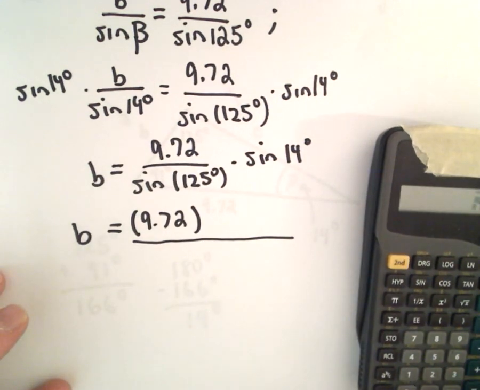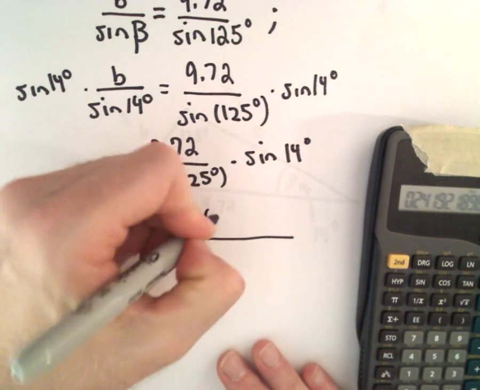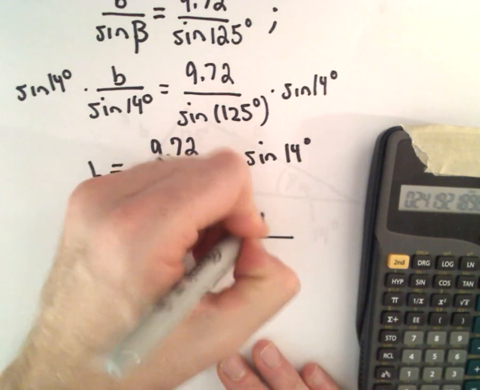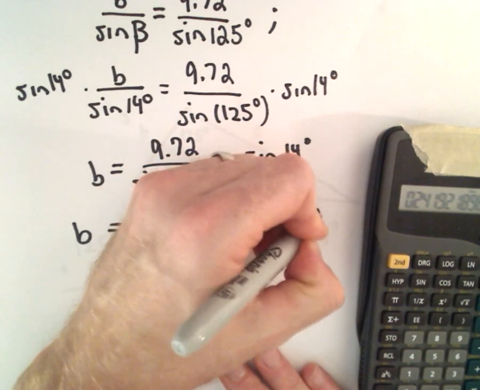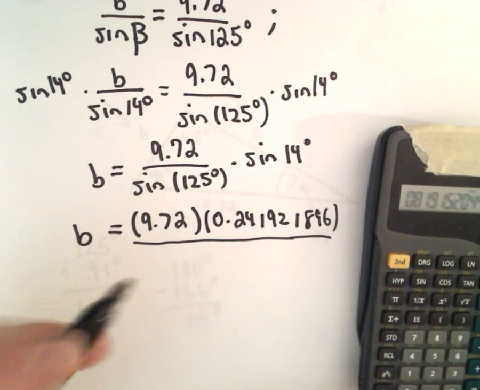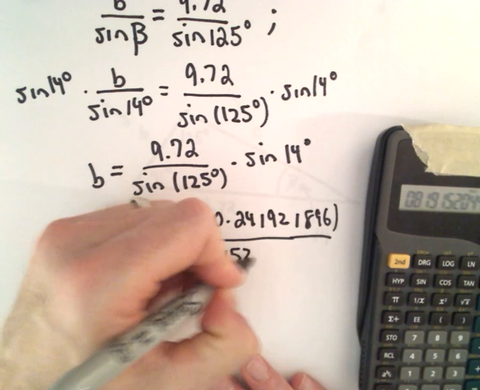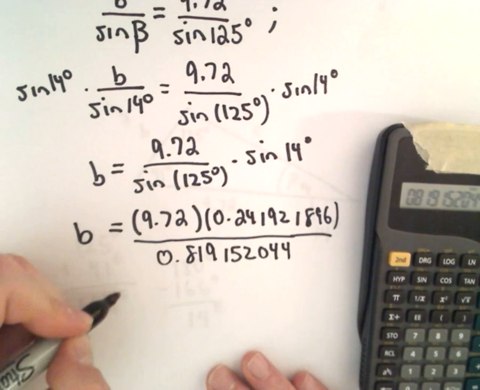So 14, I need to make sure that my calculator's in degree mode. Okay, so I enter the degree first. Sine of 14 degrees, I'm getting 0.241921896 on my calculator. Sine of 125 degrees, I'm getting 0.819152044.